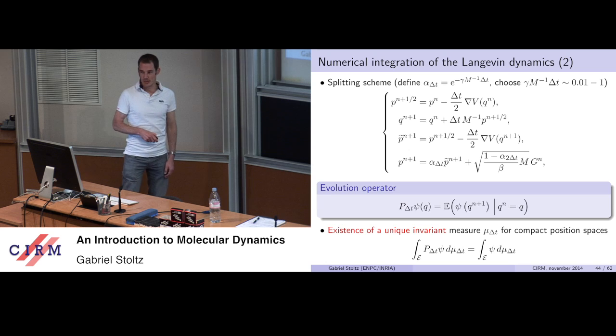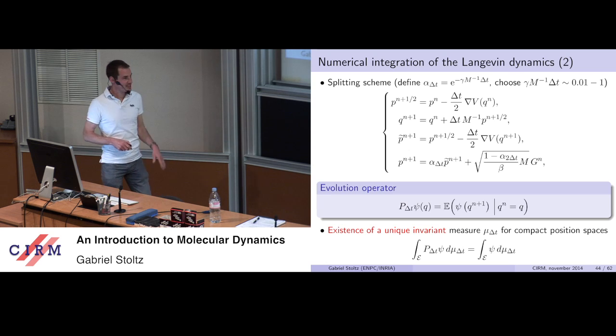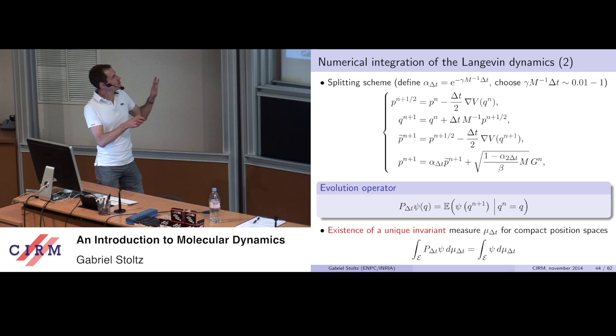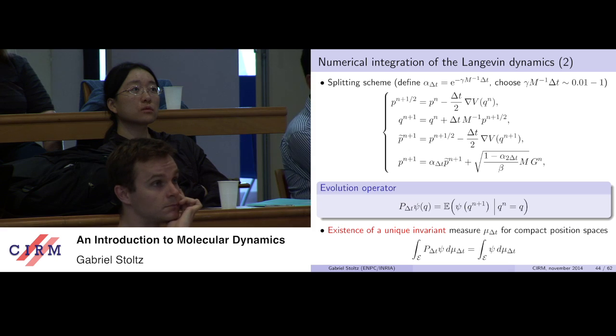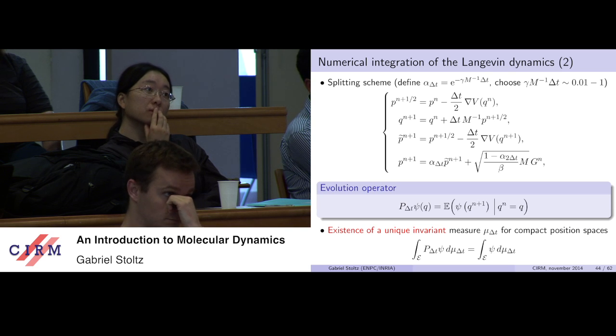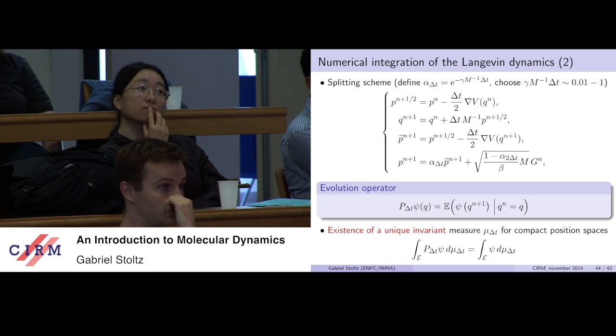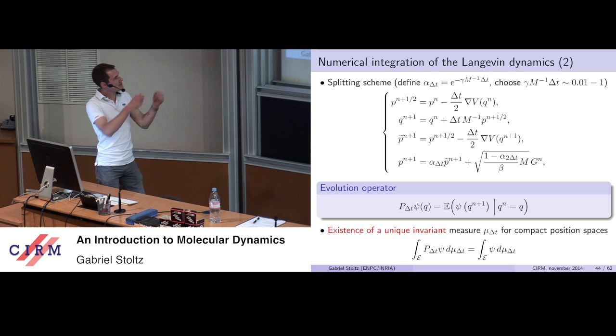I don't want you to understand all the details of it, but I just want you to see that there is a first part, which is integration of the Hamiltonian dynamics using a very nice scheme called the Verlet scheme, and then this fluctuation dissipation part. And of course, there are many other ways to split the dynamics, to integrate it in various orders and so on.